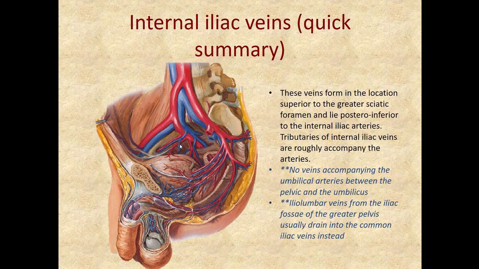Just like in the arterial system, where the common iliac is going to branch into an external and internal, the venous system joins together. So here you can see different divisions, and they're going to join together to make a common iliac vein. And then the common iliac vein is going to drain into the IVC and then go back to the heart.